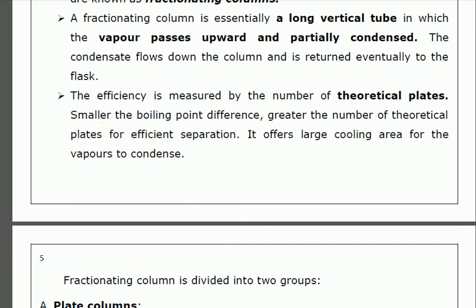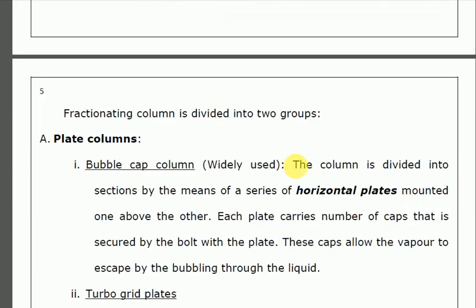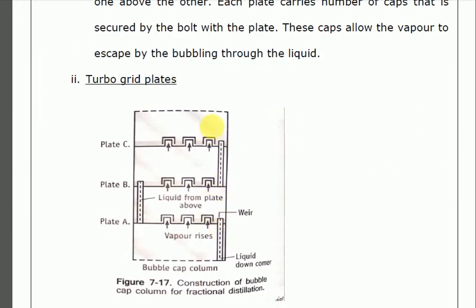As I told you, suppose there are two liquids, the boiling point of one is 25, the other is 25.5, and now to separate this by simple distillation becomes very, very difficult. Okay, so what we can do, we can arrange this type of plates one above the other, one above the other. So what happens is, according to the heavier and lighter molecules, it will strike and come back.